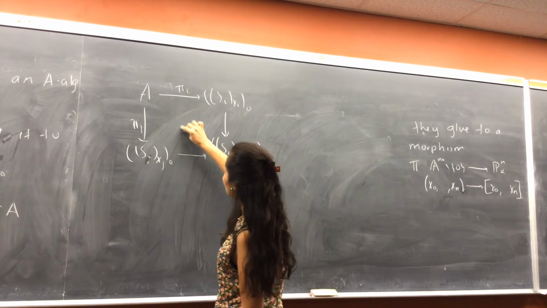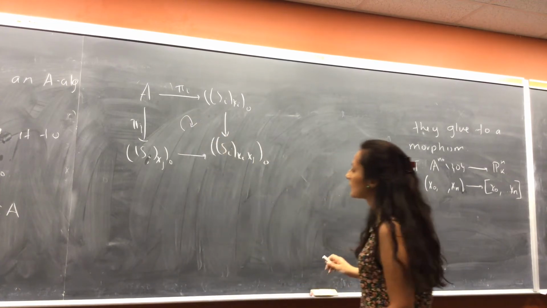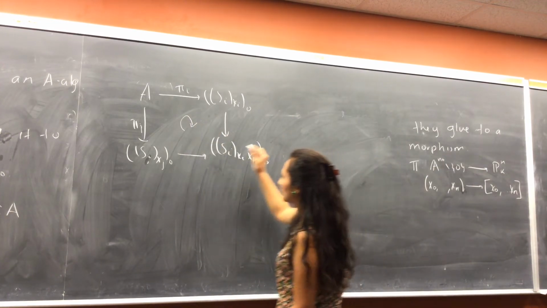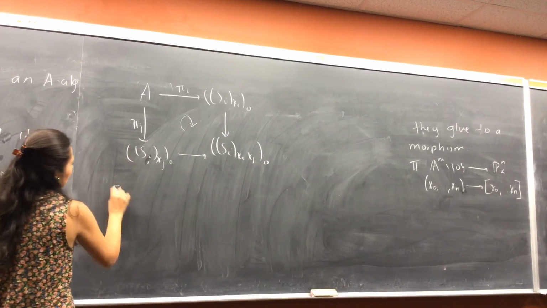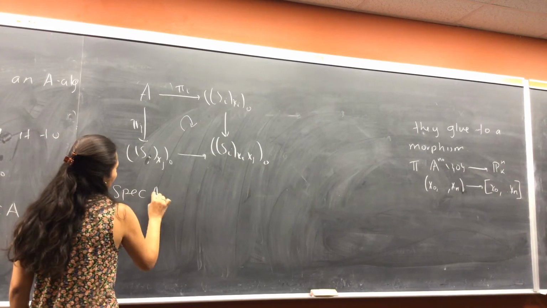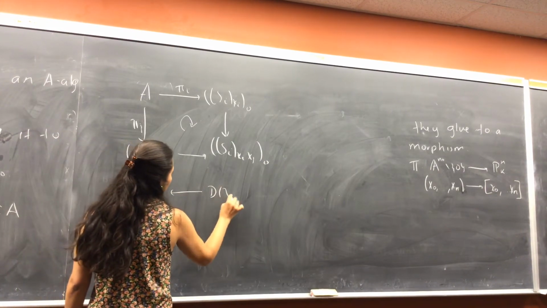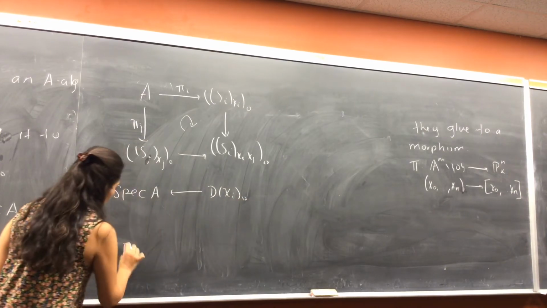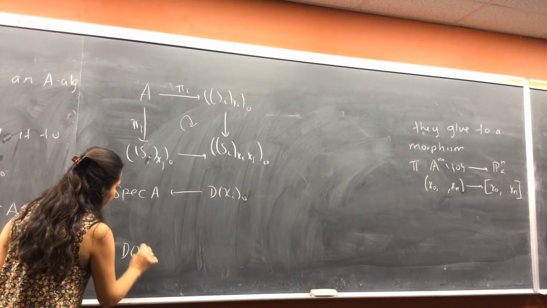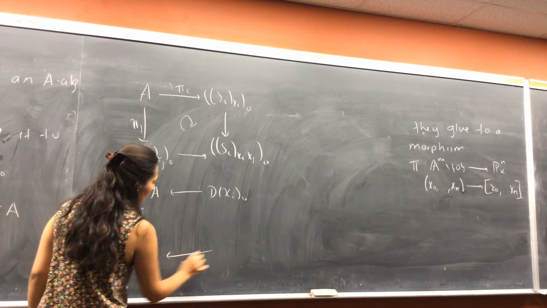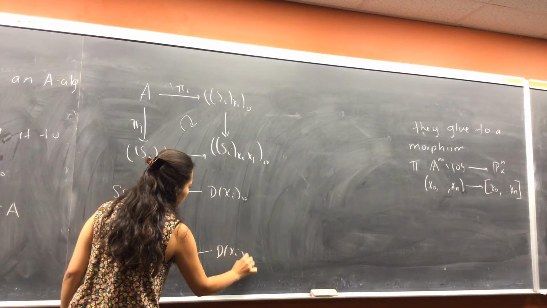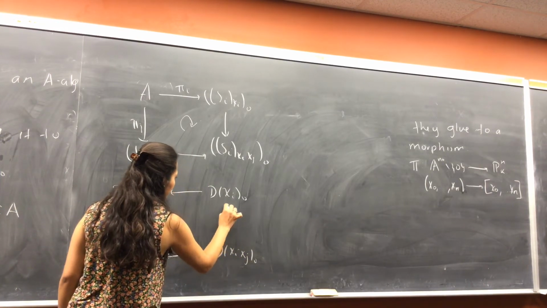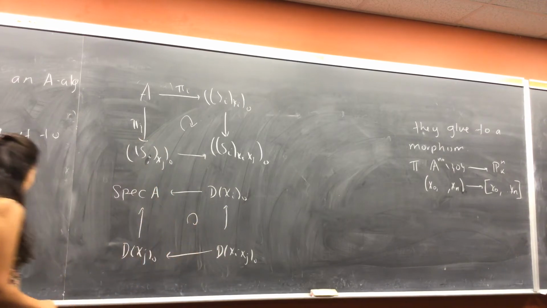And this diagram, again, is commutative, so we can translate it to say in schemes that we have Spec A, D_+(x_i), D_+(x_j), and D_+(x_i x_j). So this one also is commutative.